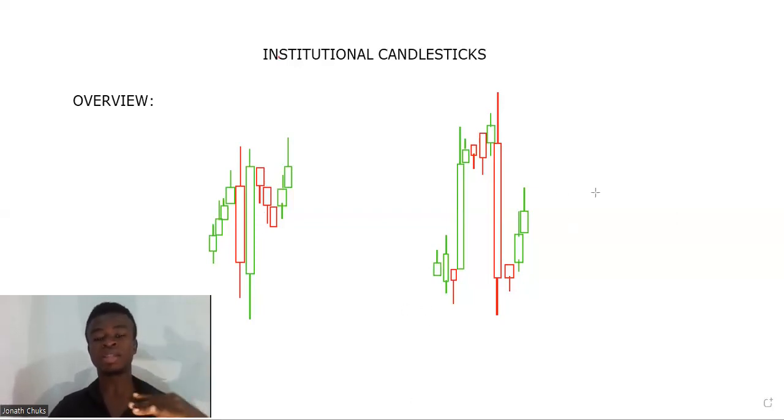Or in a ranging market, after some time, a buying candlestick is being formed or a sell candlestick is being formed. Market will range, and then another momentum shifting candlestick is as well being formed. So these are the two methods in which institutional candlesticks are actually being formed in forex market.